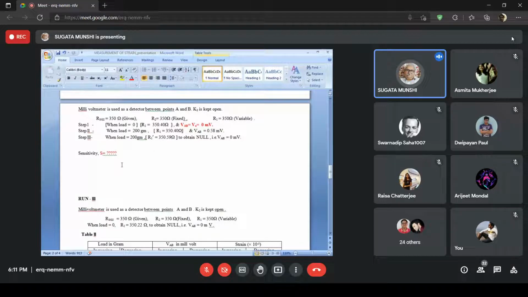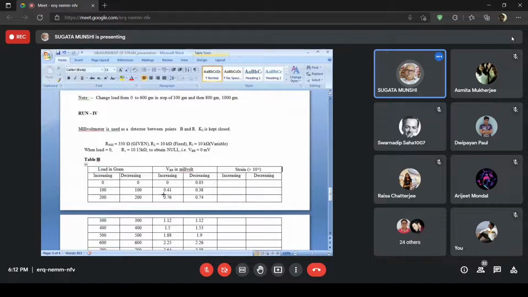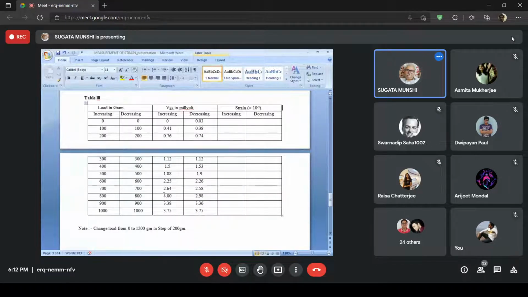There should be complete sample calculation shown wherever required. For run 3, 1 sample calculation, and run 4, 1 sample calculation. So in this way, you have to submit the report. I'll send it to you in 2 or 3 days, I believe. You have to submit it after the vacation. I'll give a proper time. If anything is not clear to you, please ask me, please.